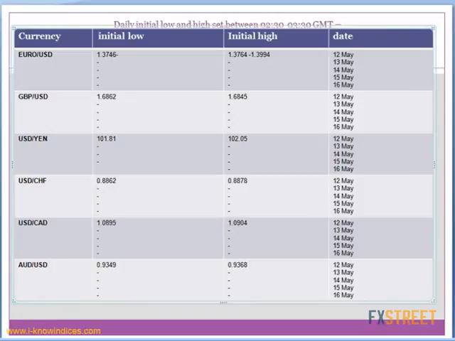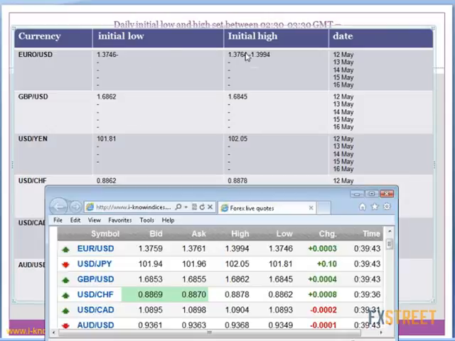Okay. So Euro formed the low 1.3746 and then subsequently went up to 1.3764, still holding in the range. 1.3994 is wrongly displayed here.